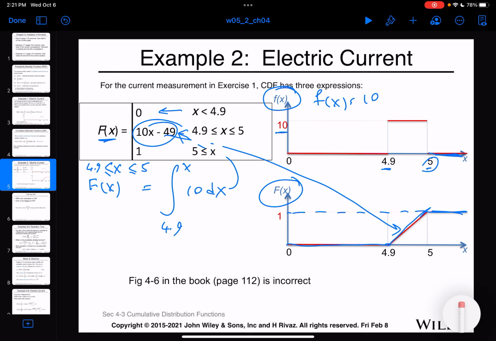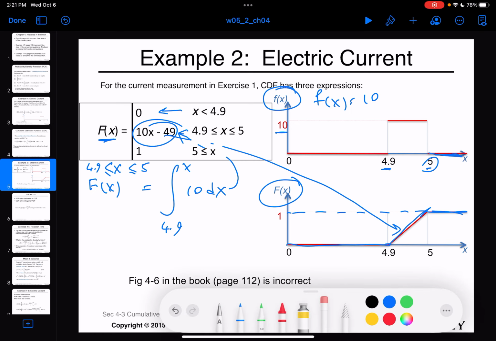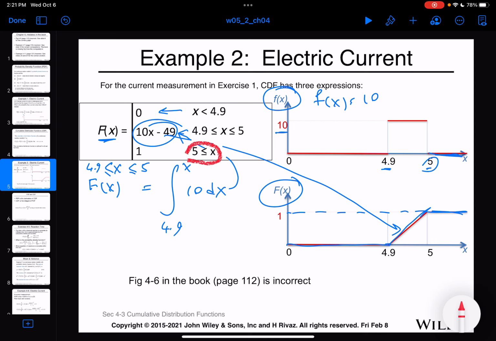You can't give me multiple answers, right? So how come x equal to 5 is both here and here? For continuous probabilities, it doesn't matter because they are equal, right? So this is not a mistake, but you're right, we have to be careful that a function can't take two values at one point. Yeah. Okay, thank you. Other questions?